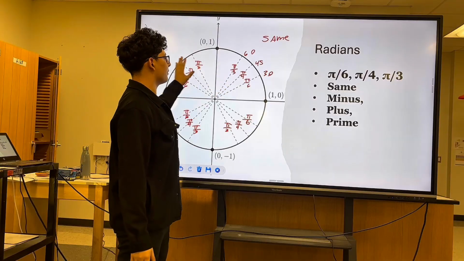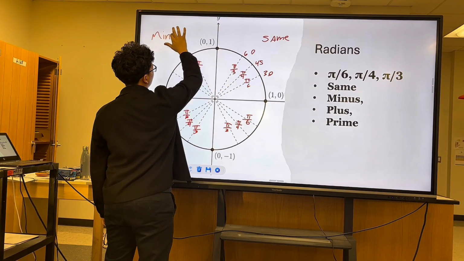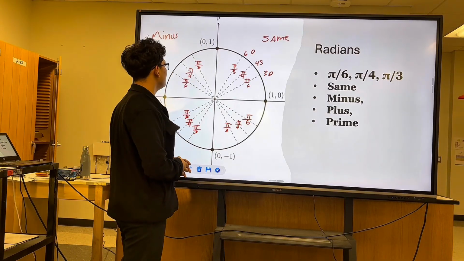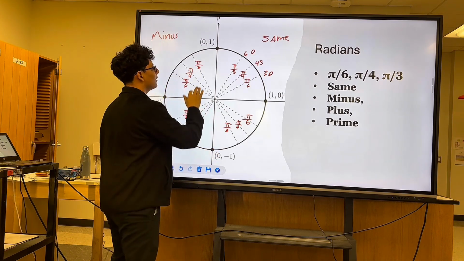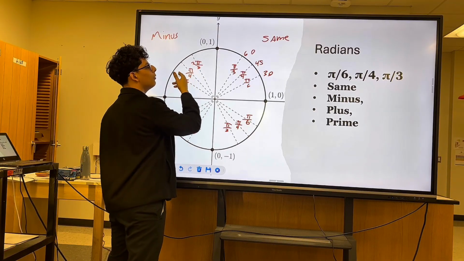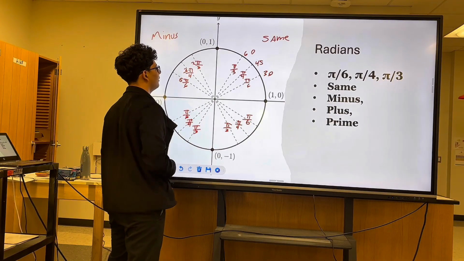Now for this quadrant, remember minus. What I mean by that is taking the denominator and subtracting 1, only 1. So this radian would be 2, 3, 4 minus 1, 3, 6 minus 1, 5.